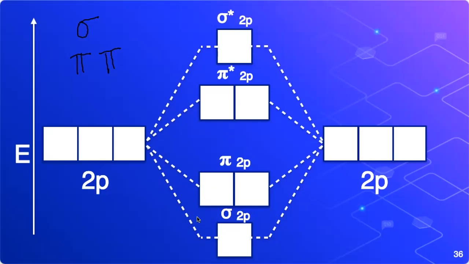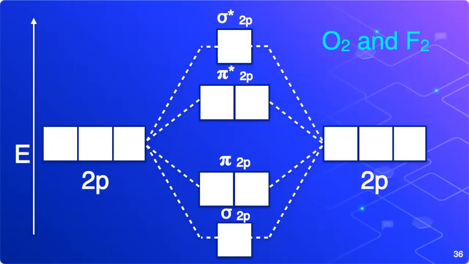The lowest energy is the sigma BMO, followed by the pi BMO. Then the pi star and the sigma star have higher energy than the sigma and the pi BMOs. According to the study of the scientists, they found out that this arrangement of molecular orbitals is true for the oxygen and the fluorine molecules.